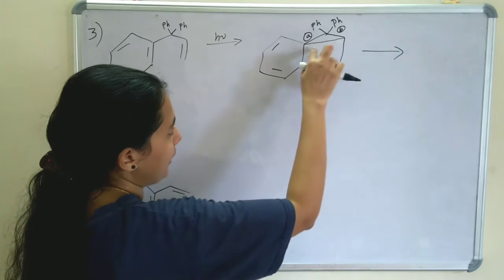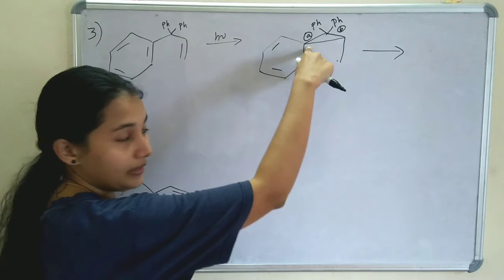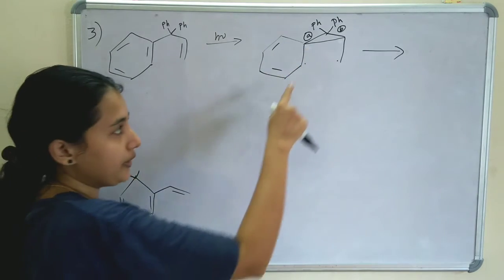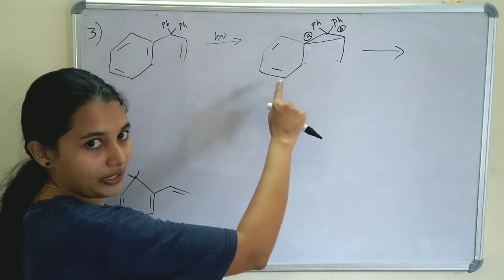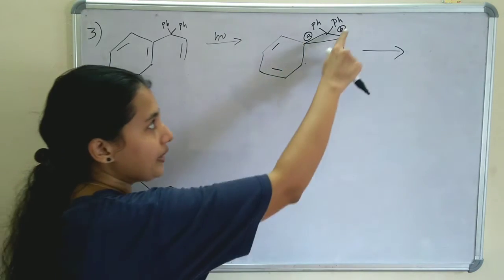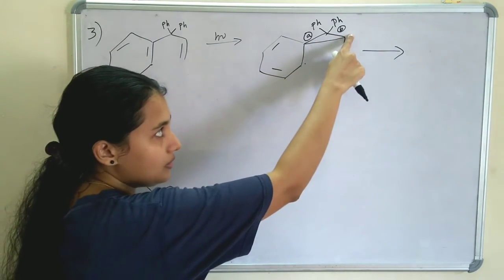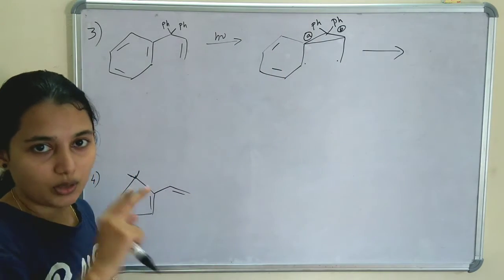So here there is no radical. So if we cleave from A, we will get a radical in this position, and these two radicals can combine into a bond, and the aromaticity of this phenyl ring is maintained. But if we cleave from the B side, the radical is present here, and the aromaticity of the phenyl ring is lost.